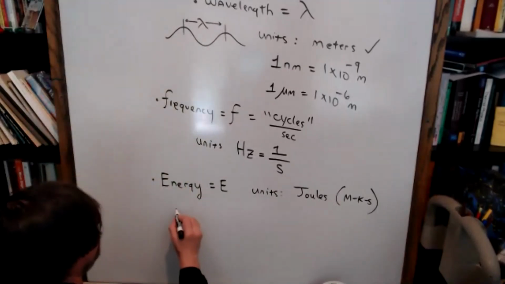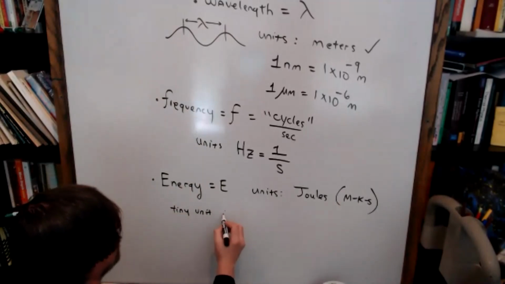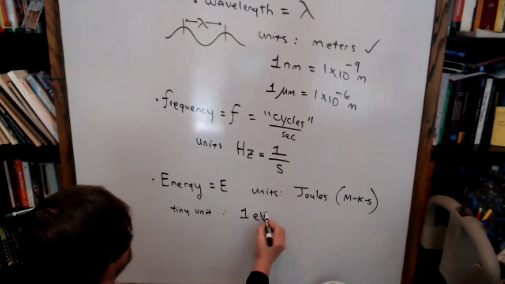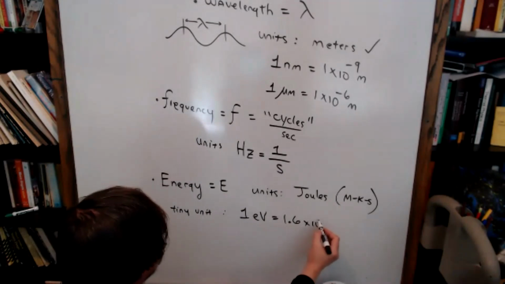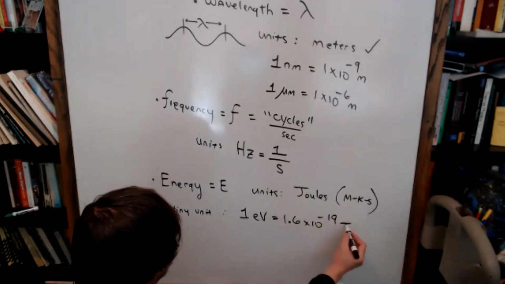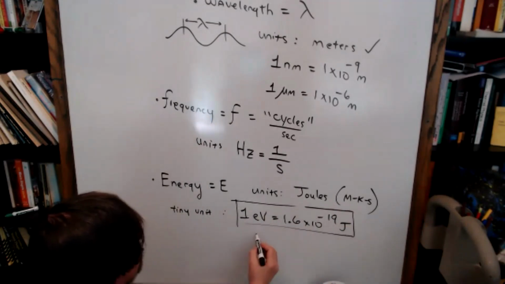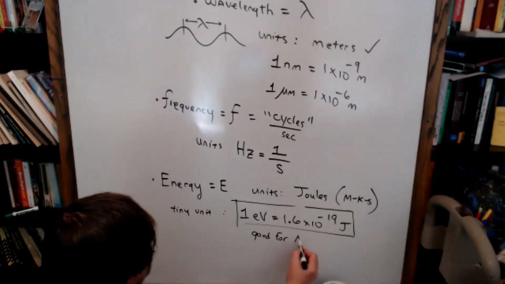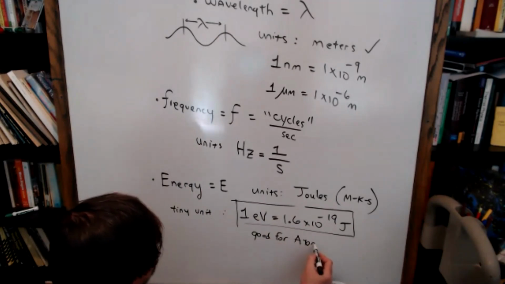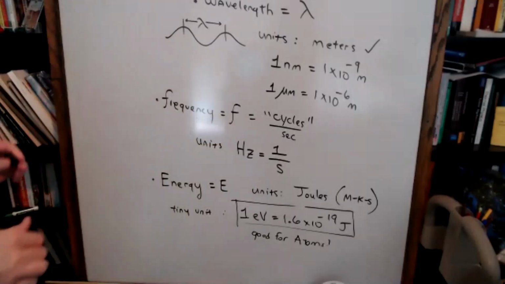Introducing a tiny unit of energy, it's called the electron volt. 1 electron volt is 1.6 times 10 to the minus 19 joules. This is good for atoms. When you're trying to measure the internal energy of an atom, electron volts are the way to go.